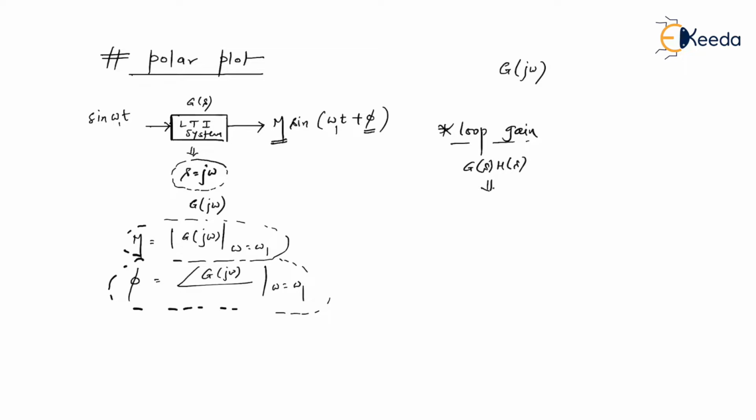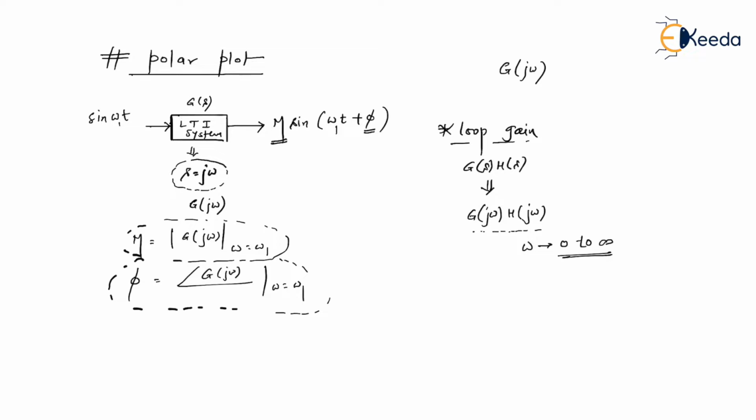Let us assume s equal to j omega, so it becomes g of j omega into h of j omega. So what is meant by polar plot? I'll tell you. Polar plot means now I'm going to check how the function g of j omega into h of j omega is changing with respect to omega when omega is varied from 0 to infinity.